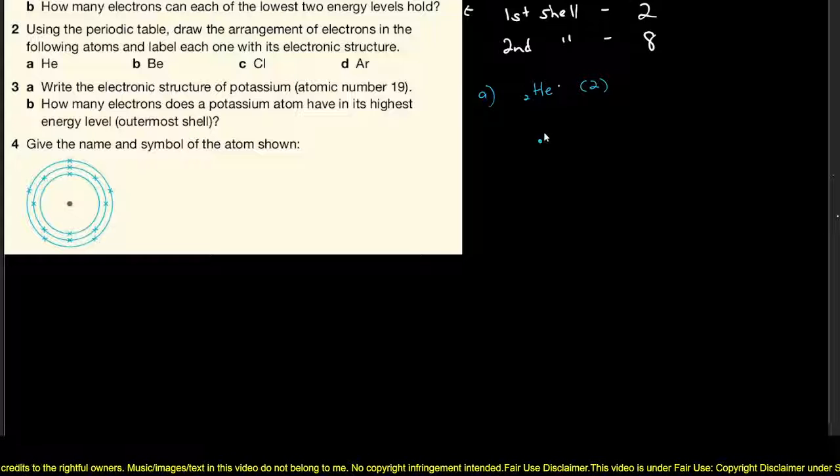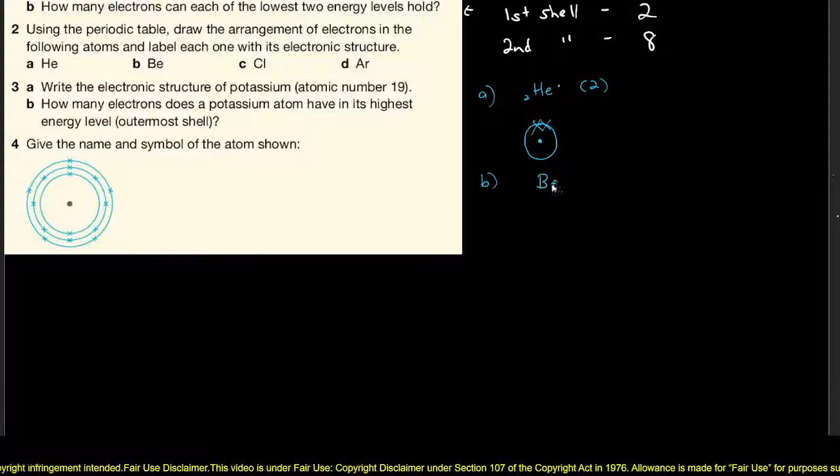I'm going to use a dot to represent the nucleus, and I'm going to draw 1 electron shell, because the first shell holds a maximum of 2 electrons, and this would be our diagram showing the arrangement of electrons in helium.